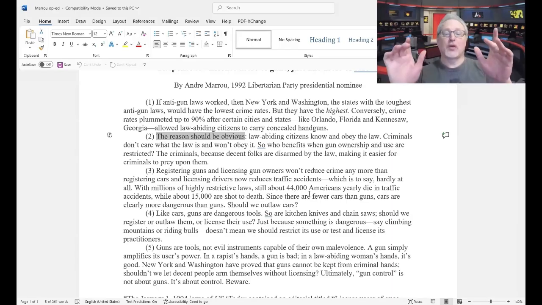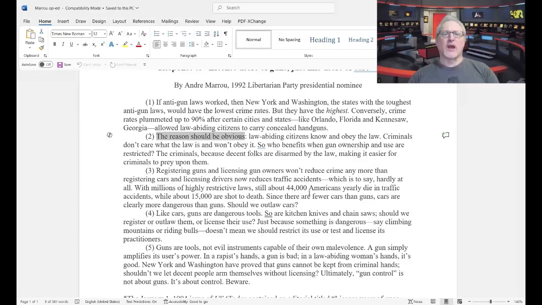Or the first paragraph and the second paragraph could actually be a single continuous argument, not two different subordinate arguments. That is a thing that can happen. We can't always count on paragraph breaks to split up subordinate arguments. Now, I did eventually decide that paragraph one and paragraph two were actually two separate subordinate arguments.